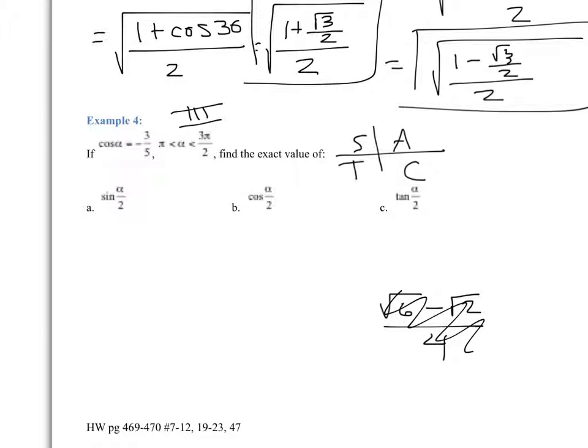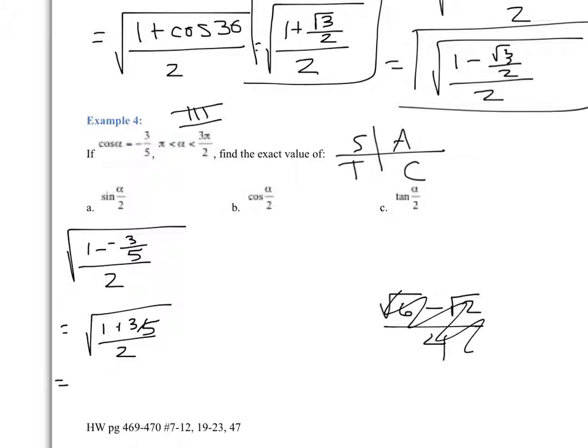So sine of alpha over 2 is the square root of (1 minus negative 3/5) over 2. If we simplify this down, we get the square root of (1 plus 3/5) over 2, which is 8/5 over 2, which is 4/5. So the square root of 4/5, and the square root of 4 is 2, so we get 2 root 5 over 5.